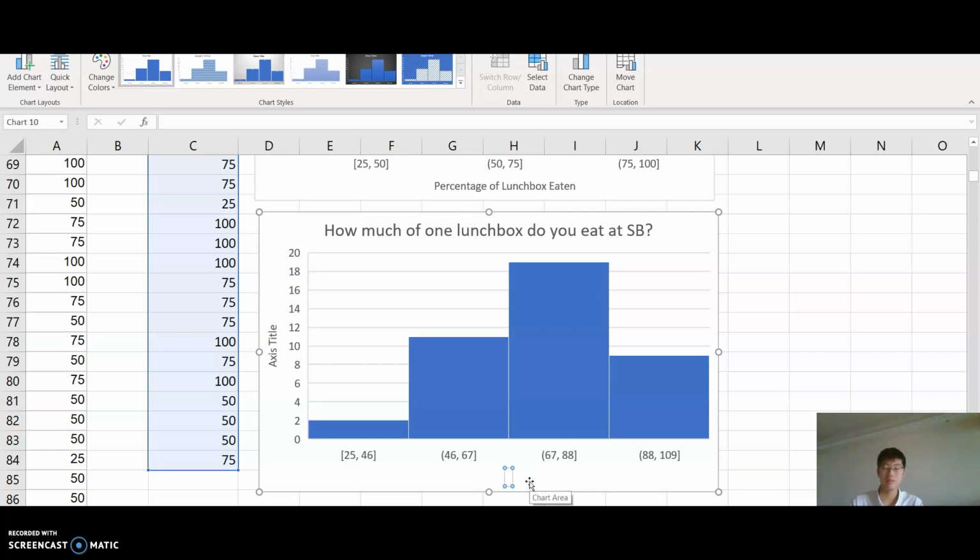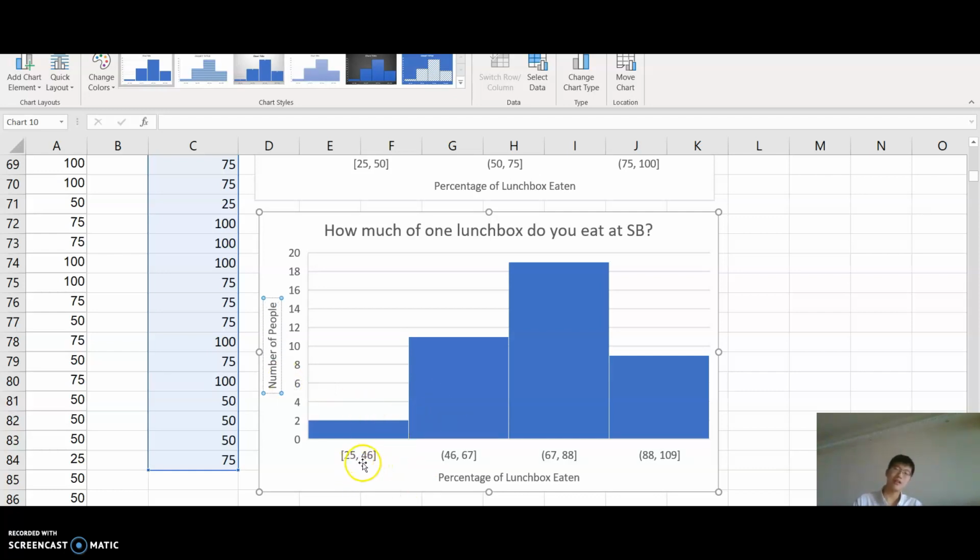For the bottom, this is the percentage of food eaten, or we can say of the lunchbox eaten, right? And for this one, we can say this is the number of people, right?